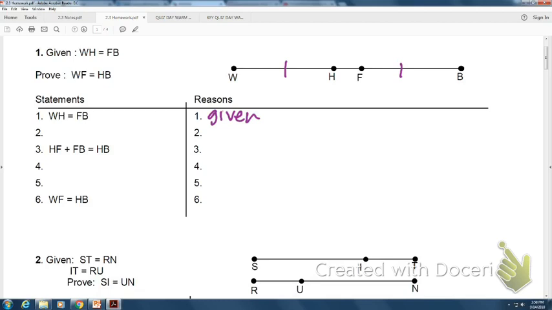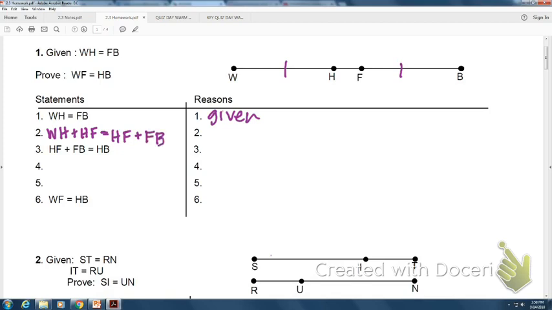What else do I know about this picture? Very good. WH plus HF is equal to HF plus FB.